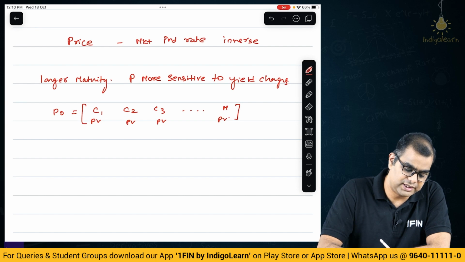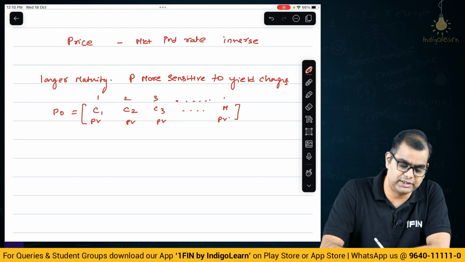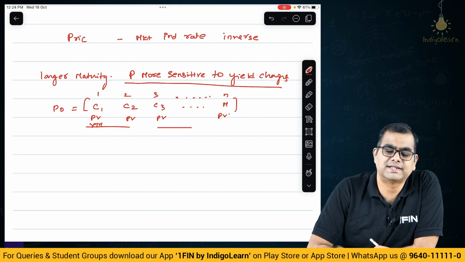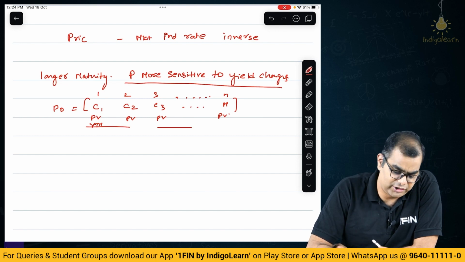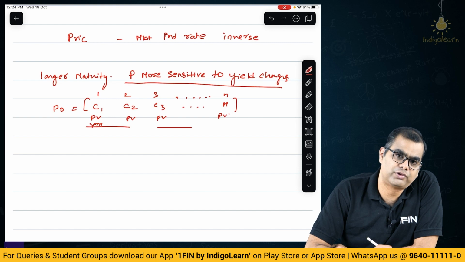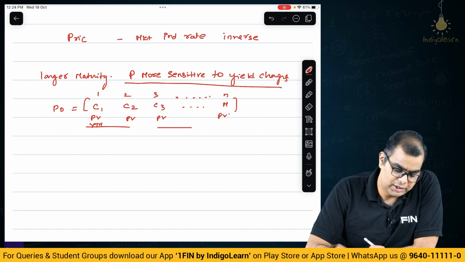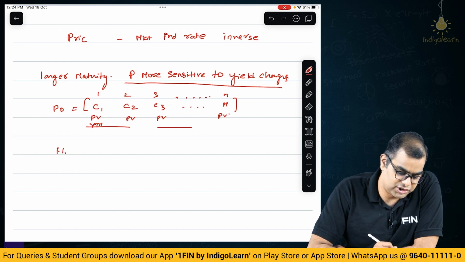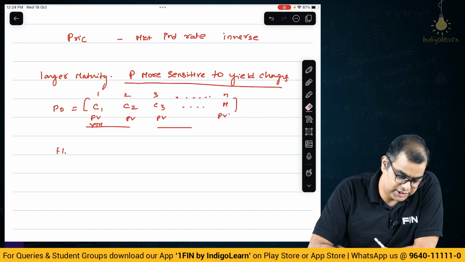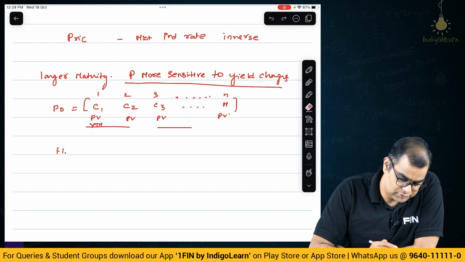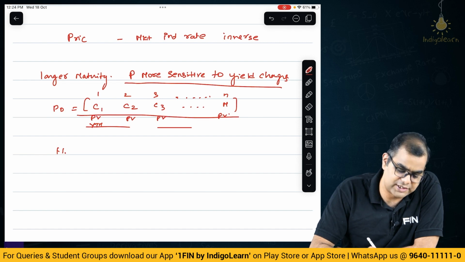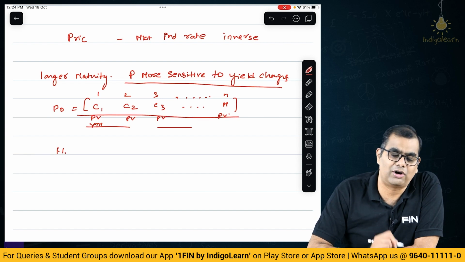Now, let us assume this is years 1, 2, 3, and so on till year N. Once you have taken the price of the bond as the summation of coupons and maturity value over a long period of time, from 1 to N, even for a small change, let us say there is a 1% change in the yield, what will that 1% change in the yield do?